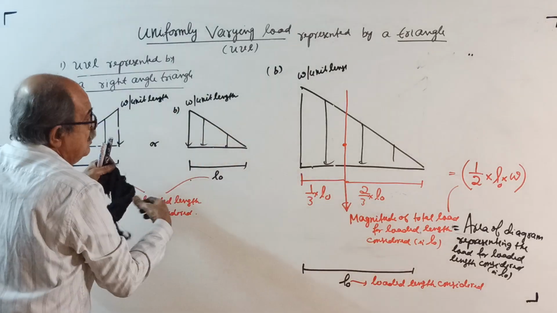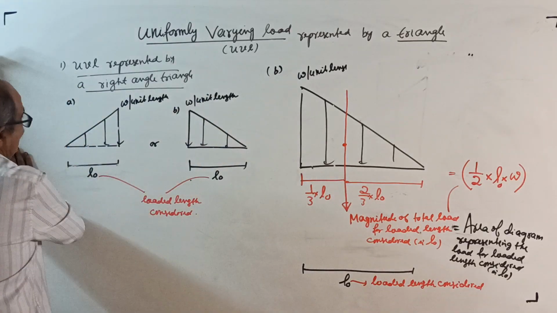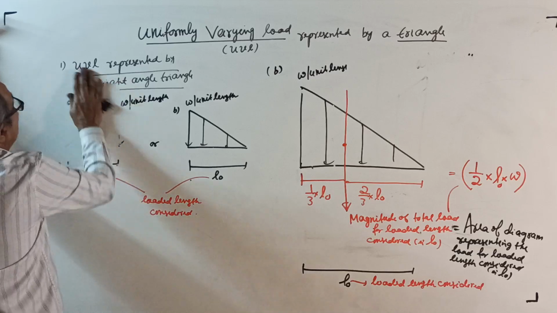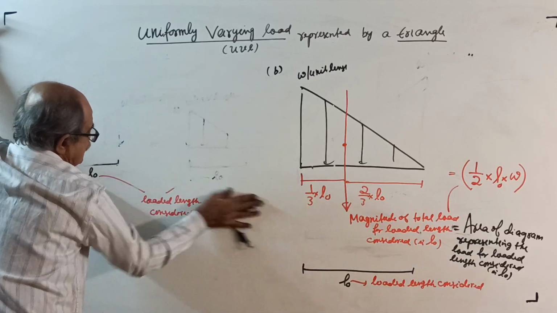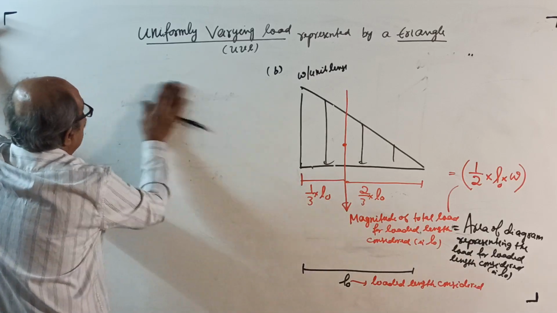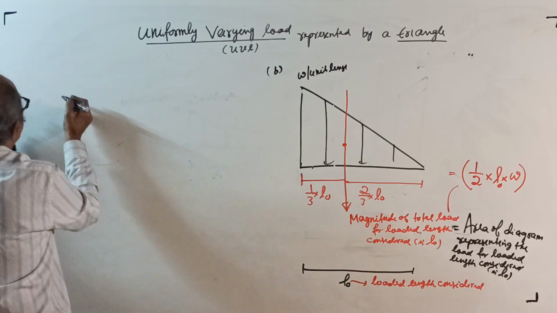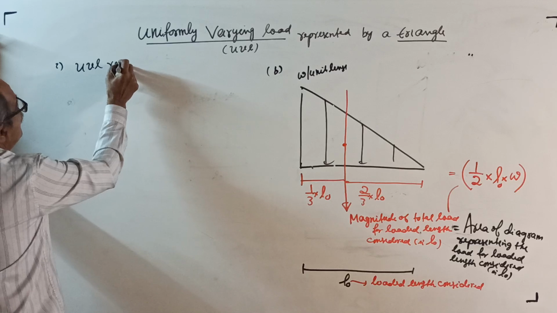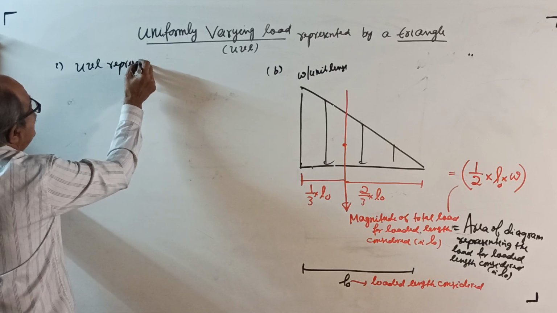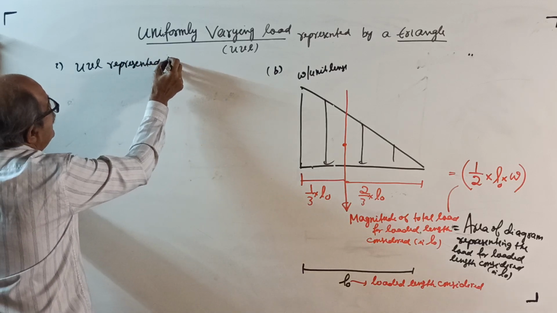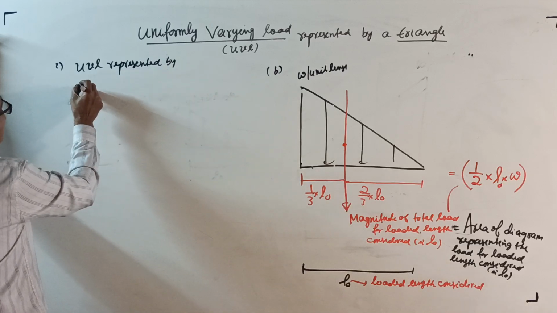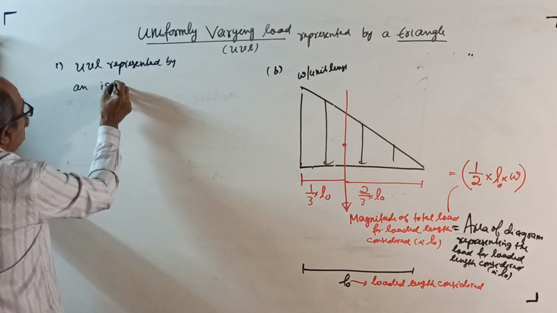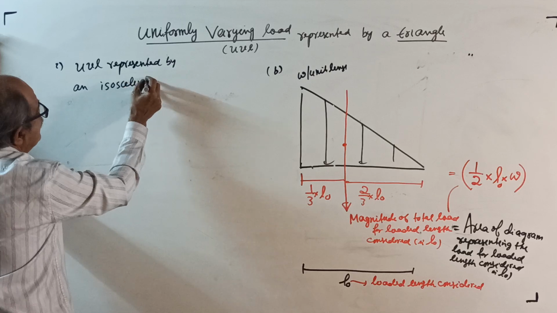Now I'll do one thing. I'll rub and make another one. See, adjustment here, so that no pausing is required. See, 2. UVL represented by an isosceles triangle.